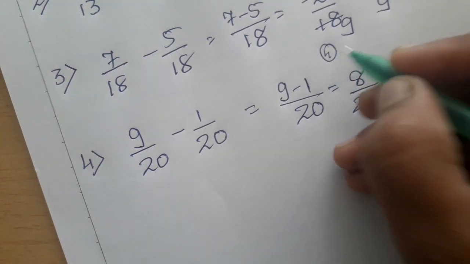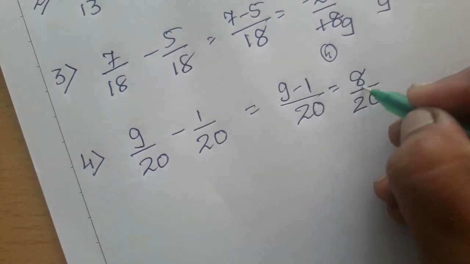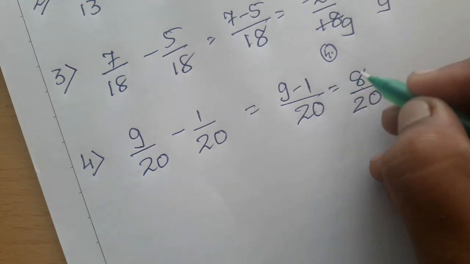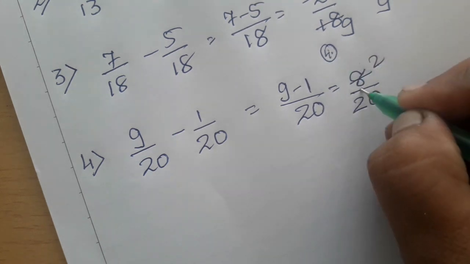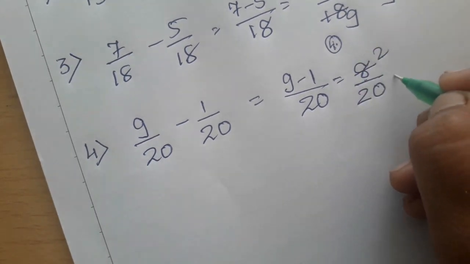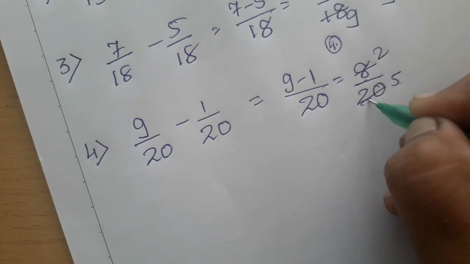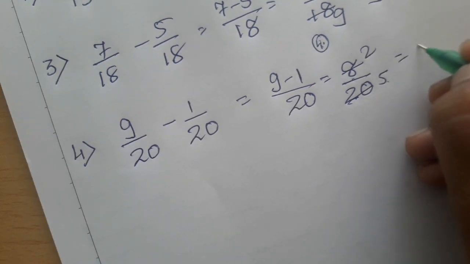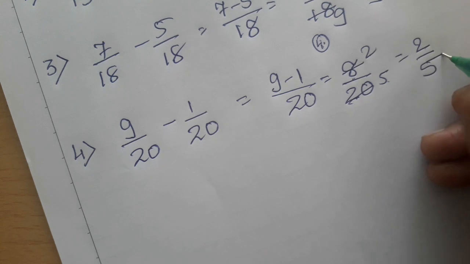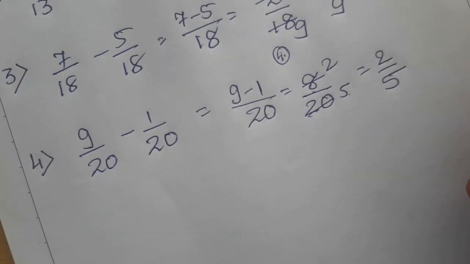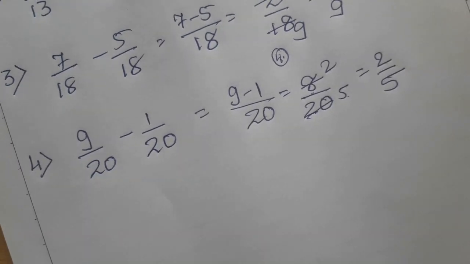So in the table of 4 you have to think, when does 8 come? So 4 2s are 8 and 4 5s are 20. So here the final answer will be 2 upon 5.